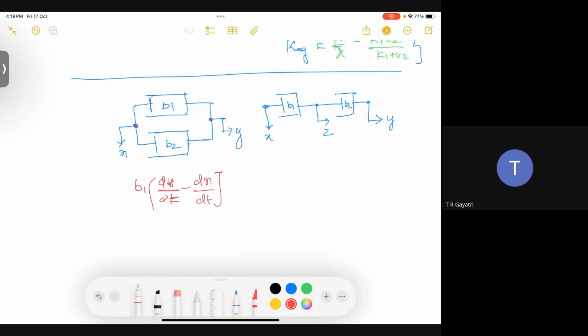Then for the second damper B2, the same nodes are connected, so this will also be dy by dt minus dx by dt.